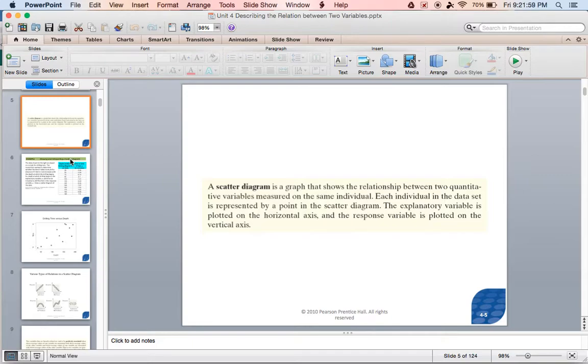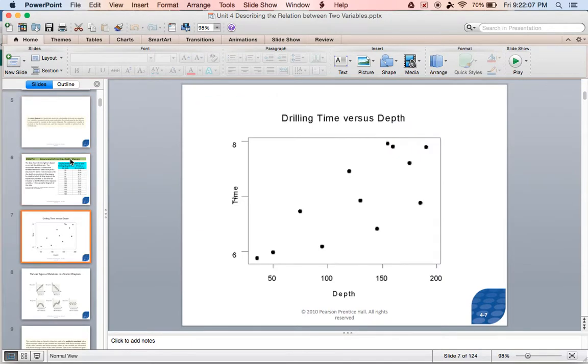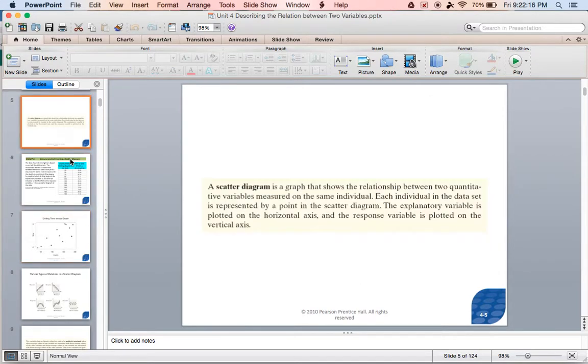Scatter diagram, and I'll show you an example very soon. It just shows each individual of the data set presented on the graph. Here's an example of a scatter plot. It's basically a plot of scattered dots of the response and explanatory variable.